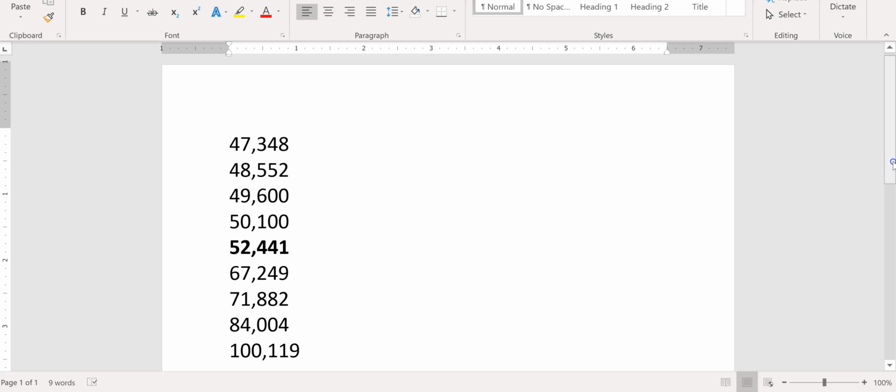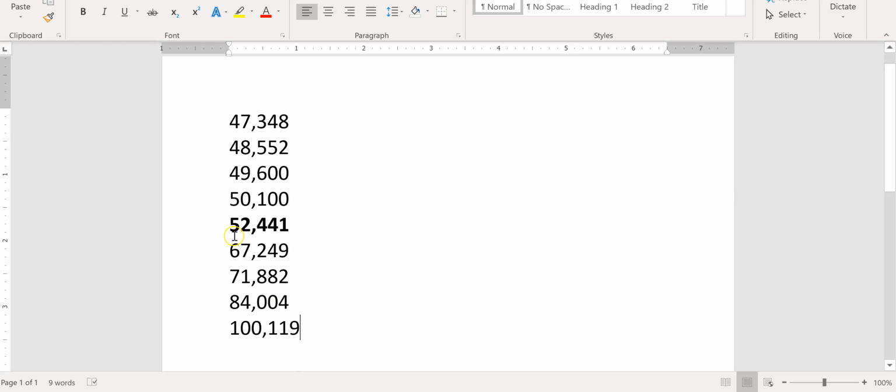So here's an example of $52,441 being the median household income. You can see that, and let's say for instance, this is a list of all the various incomes in that zip code. This is the one that appears right in the middle. This is the one that's right in the middle, and that is the median household income.